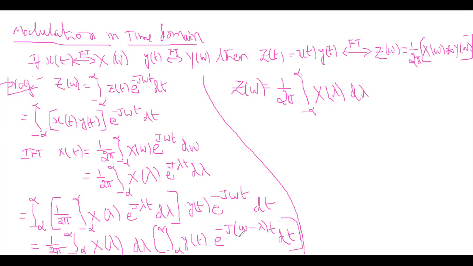But instead of omega, it is omega minus lambda. So y of omega minus lambda.